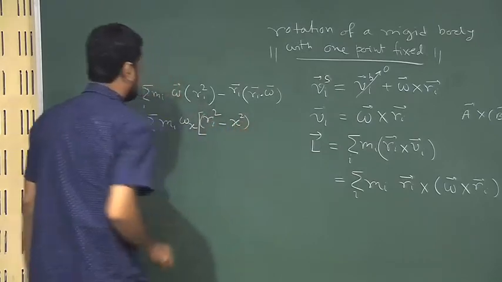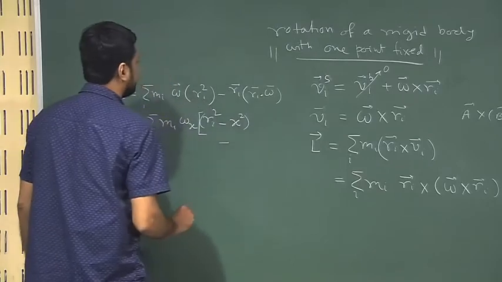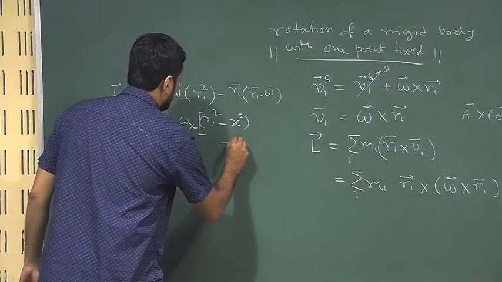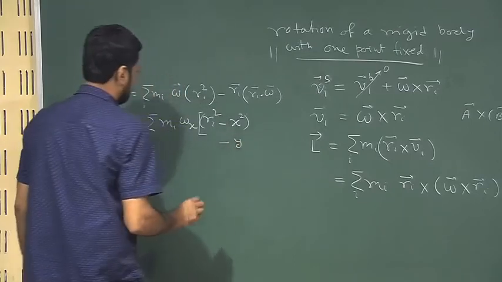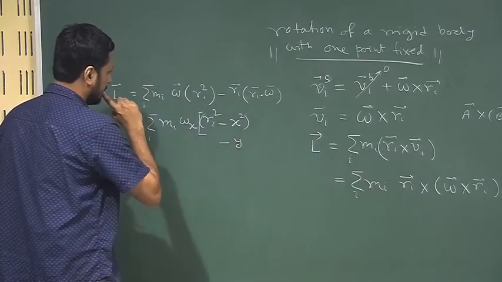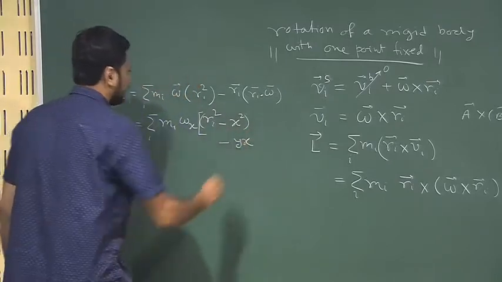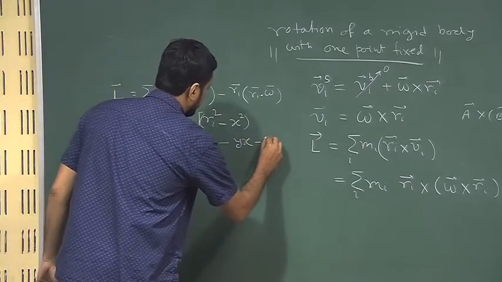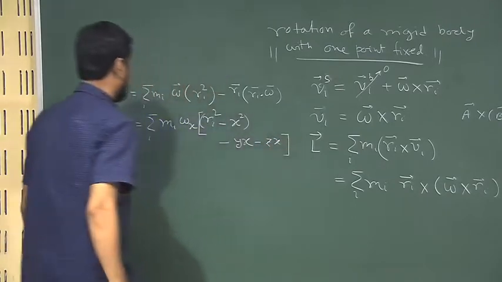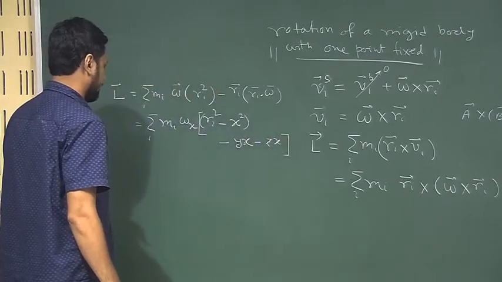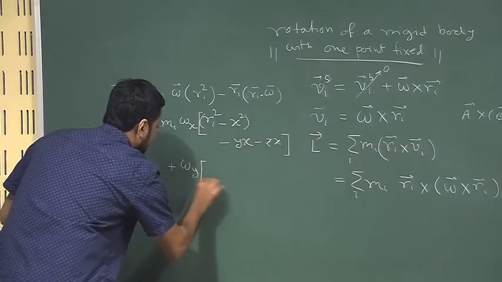This will be one term. Then there will be an additional term of minus y x, minus z x, right.